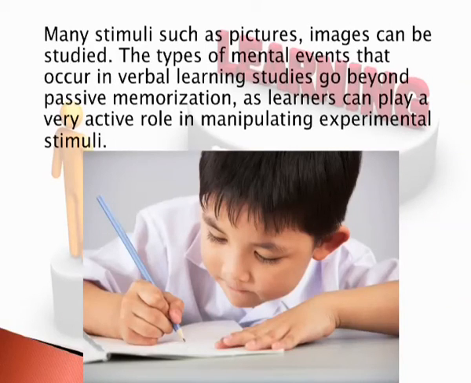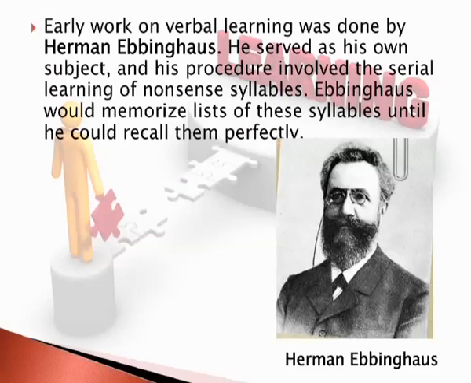The types of mental events that occur in verbal learning studies go beyond passive memorization, as learners can play a very active role in manipulating experimental stimuli. Among early studies on verbal learning, Hermann Ebbinghaus involved the serial learning of nonsense syllables in his procedure. Ebbinghaus would memorize a list of these syllables until he could recall them perfectly.